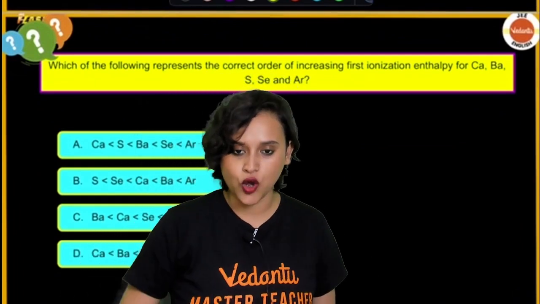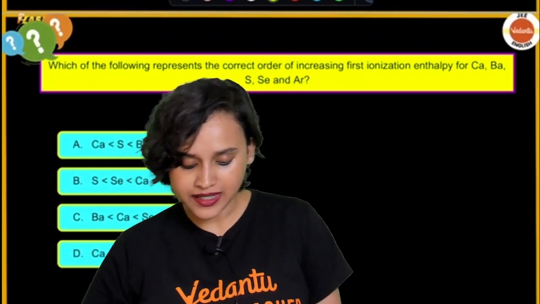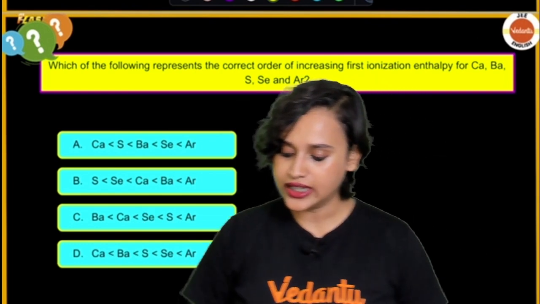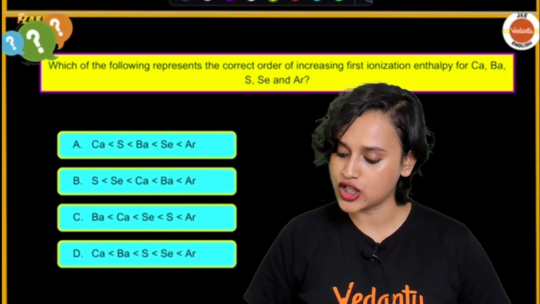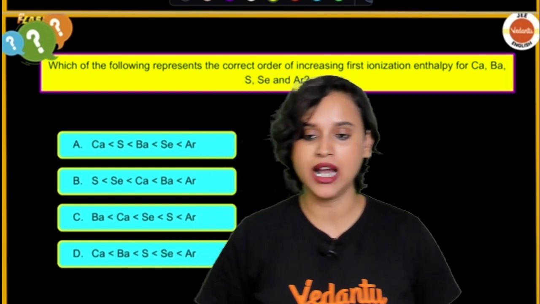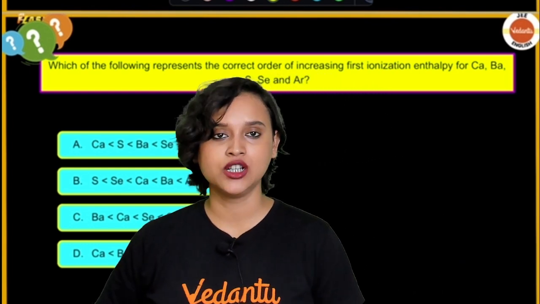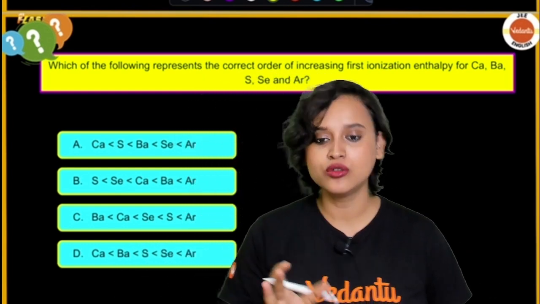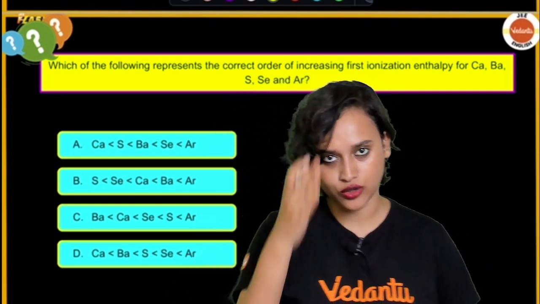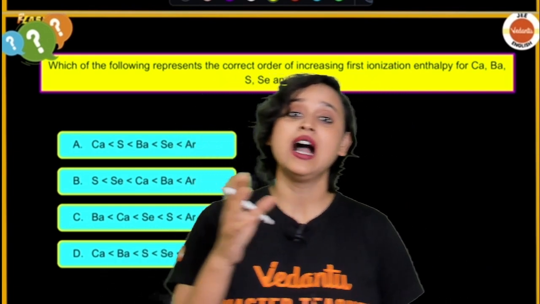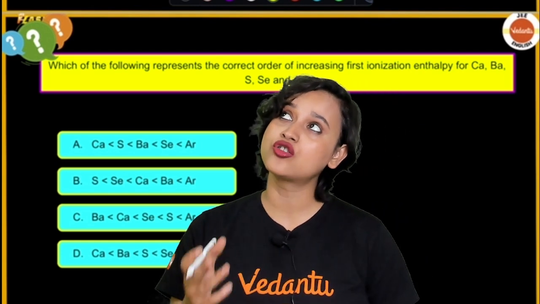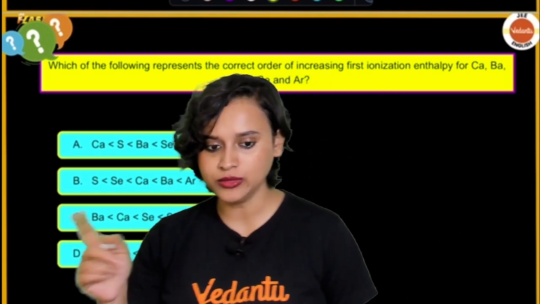Which of the following represents the correct order of increasing first ionization enthalpy for calcium, barium, sulfur, selenium and argon, everybody? Okay. Once again we know that on moving down the group, ionization enthalpy decreases. Ionization enthalpy also increases as we move from left to right, right?